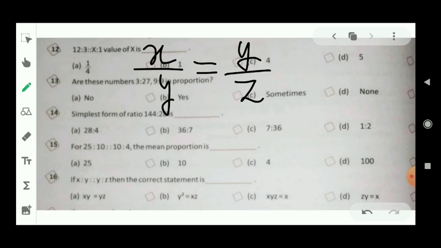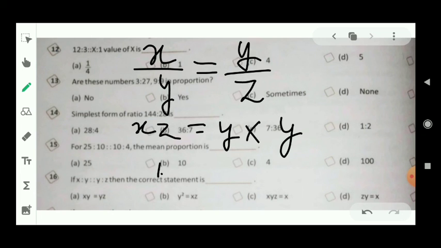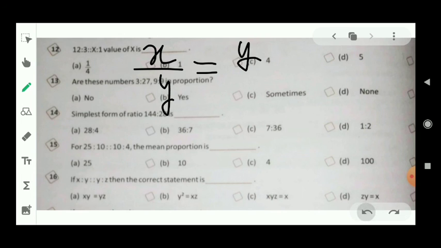Now do the cross multiply. xz is equal to y multiplied by y. Students, we can write y multiplied by y as y square. That means the final answer will be y square is equal to xz. That means which option will be right? Option number B. I hope now you are able to complete the whole chapter 8 from the reasoning book. Thank you.